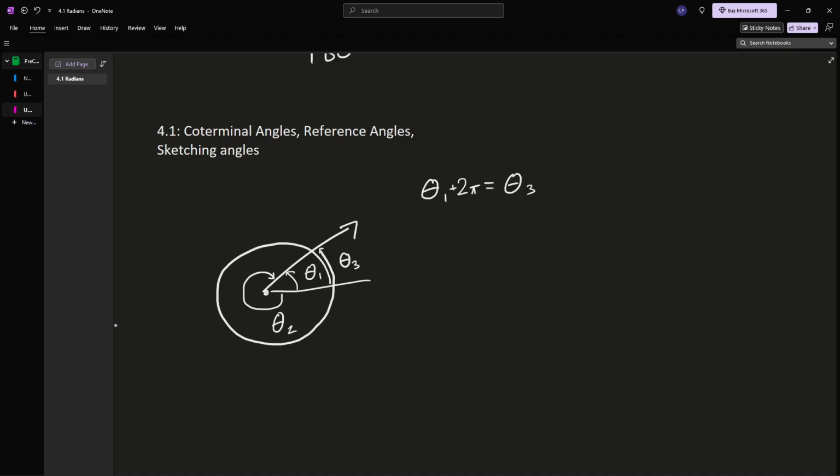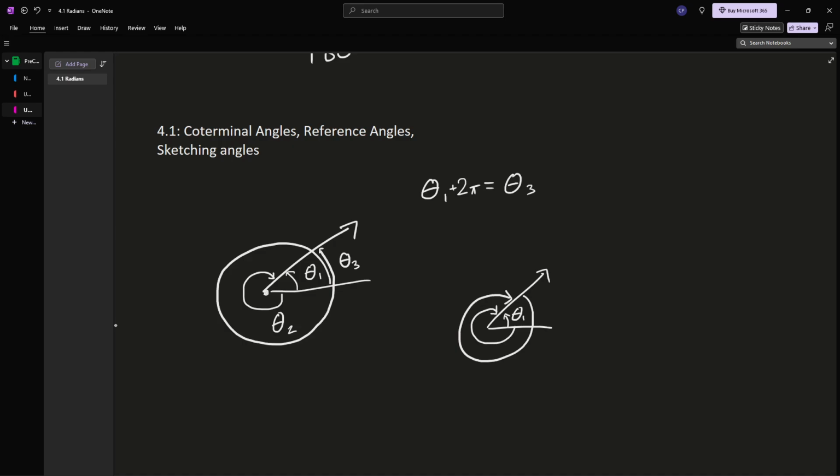So now let's draw it again so it's not too crowded. But I have theta 1 here. And let's compare it to theta 2. So I'm starting from theta 1. To get to theta 2, I want to go all the way around like that. So theta 2 is this.